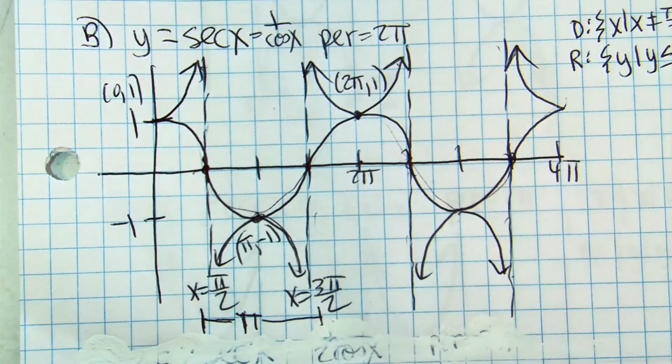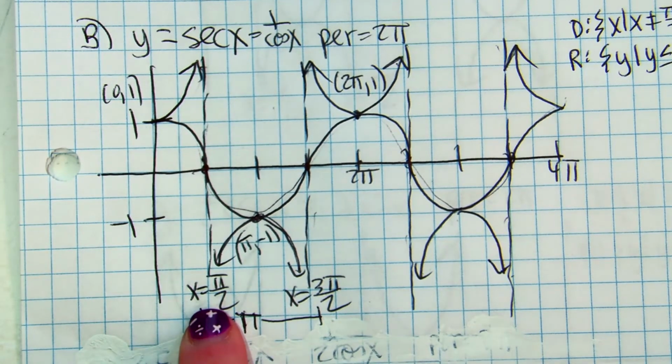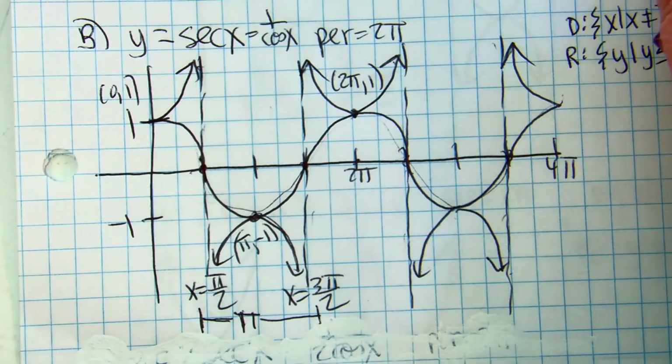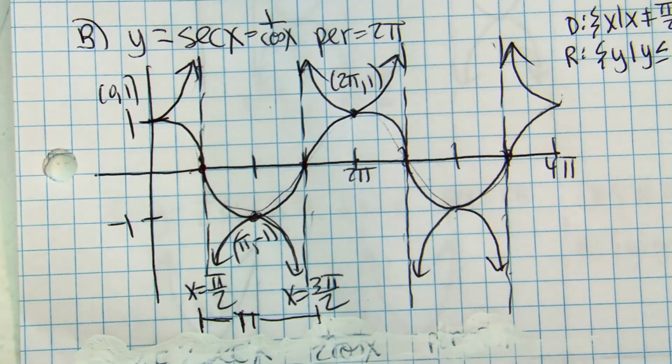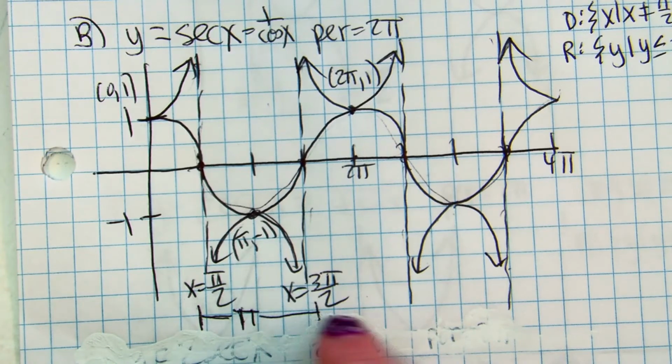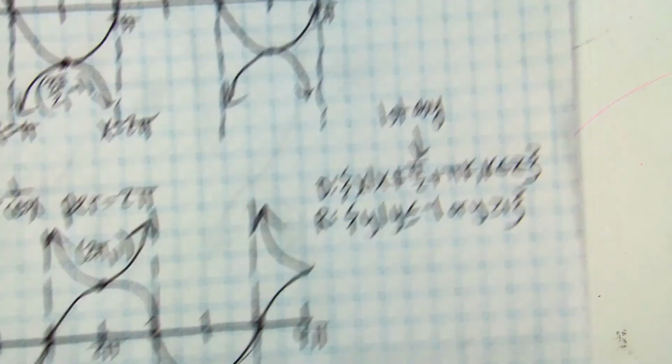But then the next one, the domain, you find the first asymptote, okay? First asymptote, which is pi over 2, and then the distance between the asymptotes, which is pi, which is half the period.